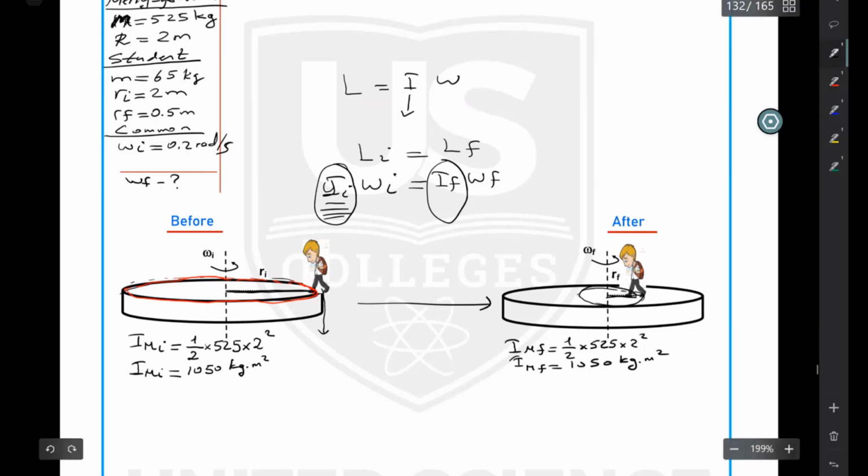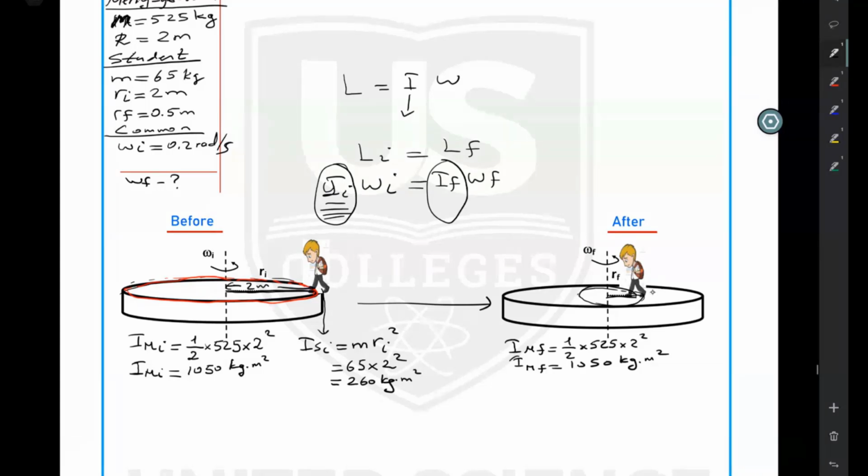So the student's initial moment of inertia is m r initial squared. M is 65. The initial radius is given as 2 meters in the question, because it is at the same time the radius of the merry-go-round, squared. So the initial moment of inertia of the student is going to be 260 kilogram meter squared.